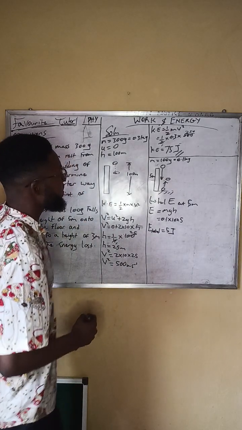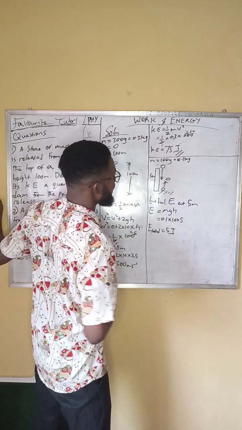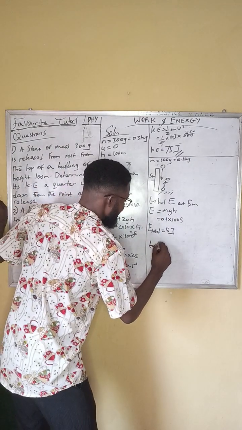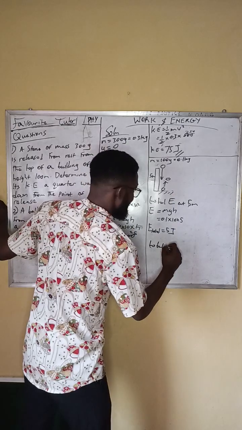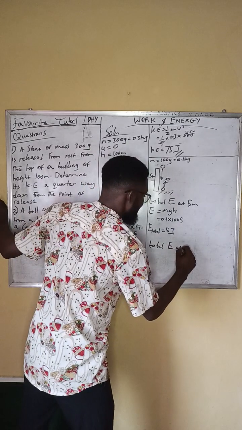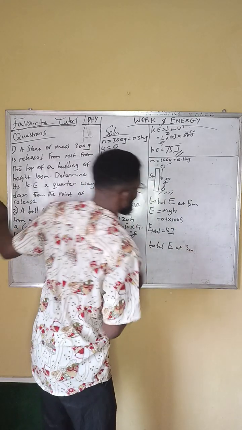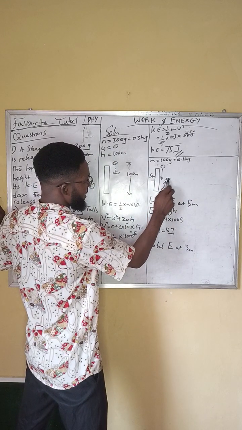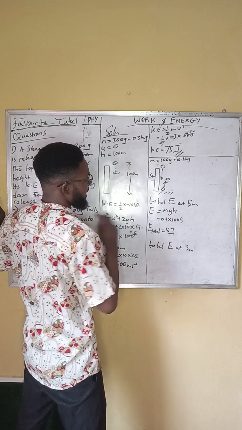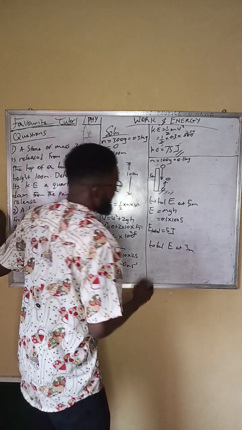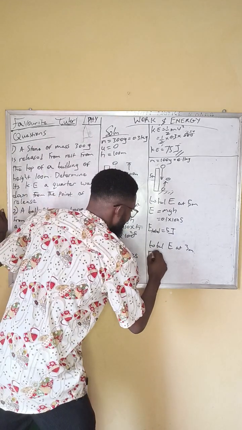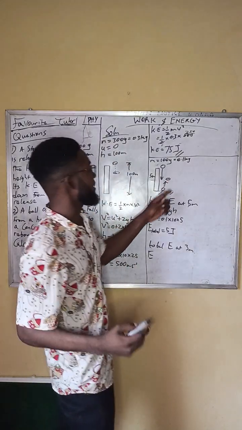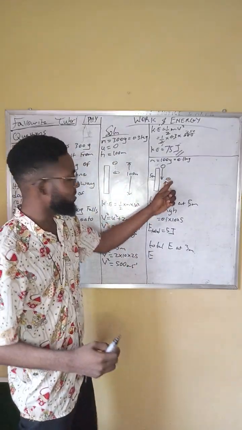Okay, let us calculate the total energy at 3 meters. This is now the maximum height, the new one, 3 meters.